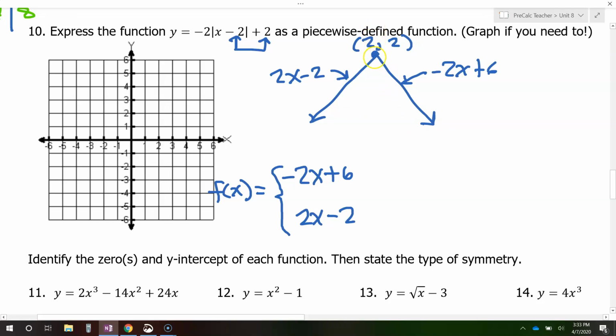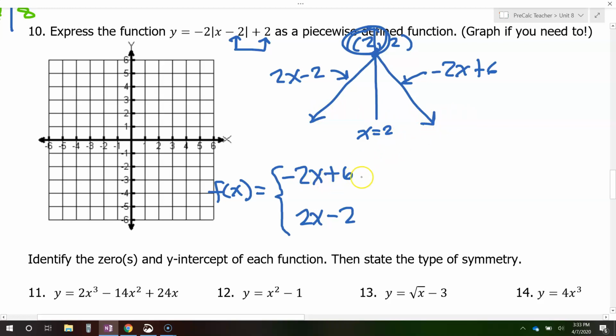Now, the x value where it changes from one function to another is right here. What is the x value here? Well, this is x equals 2, because of the x value right here. So it's going to be one function less than 2, and another function greater than 2.